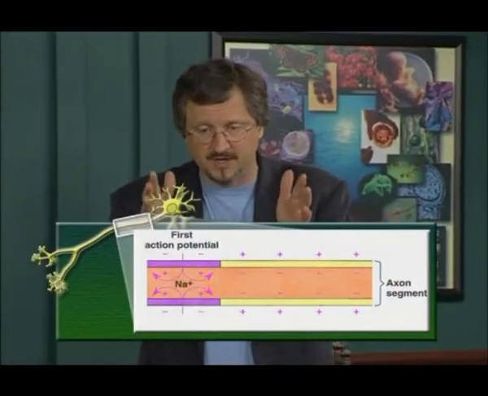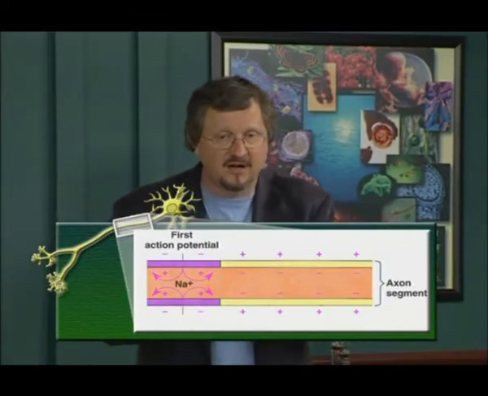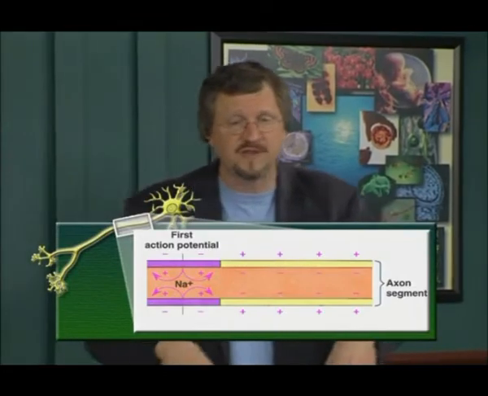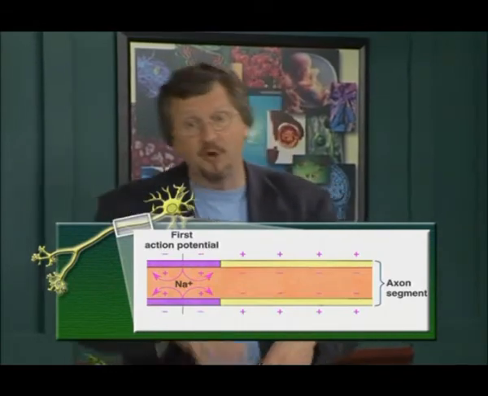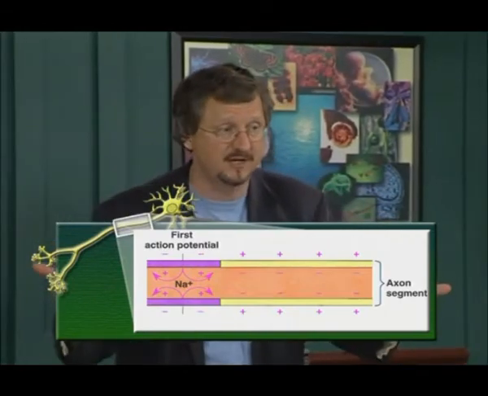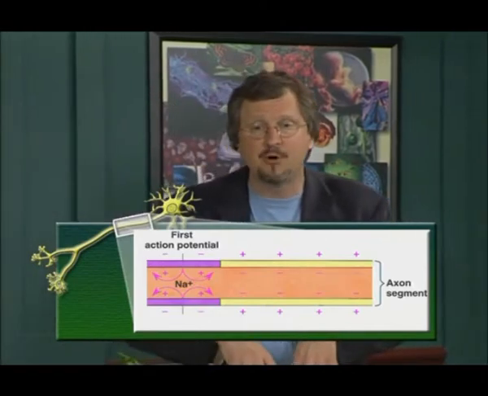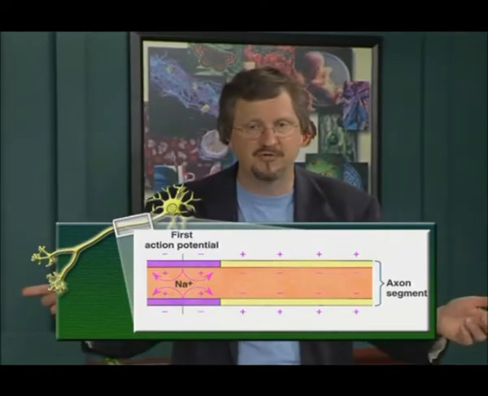Because the model I just drew for you would suggest that the action potential actually could go in both directions. We have a patch of this piece of the axon. It's depolarized. We know that the positive charge that flows into that patch of the axon will flow in one direction and in the other direction. Why doesn't that depolarization travel normally in both directions? Well, the answer to that question has to do with the fact that these voltage-gated sodium channels inactivate.